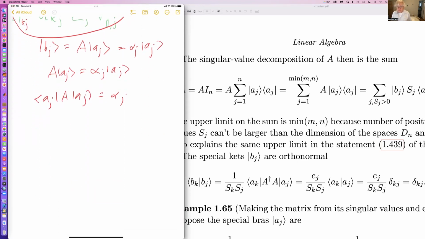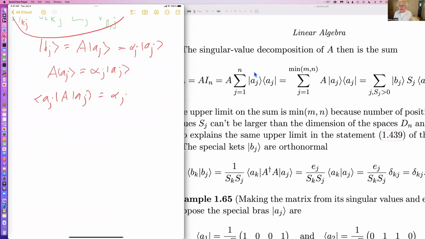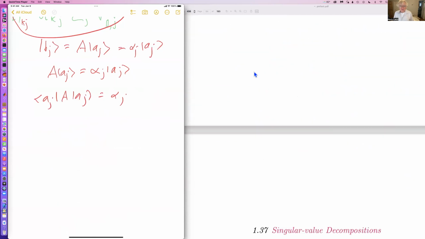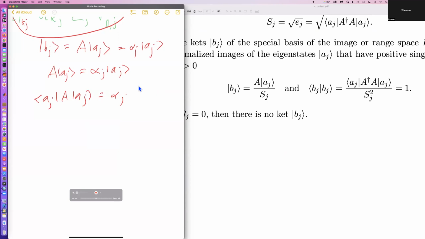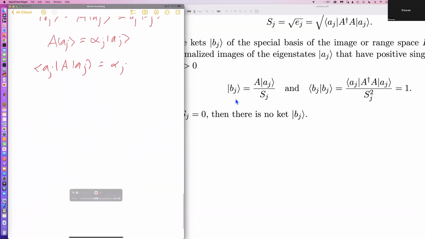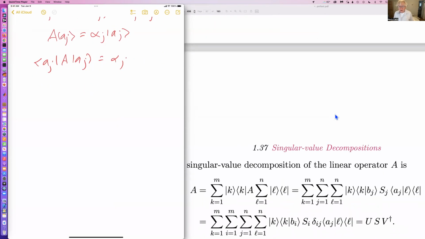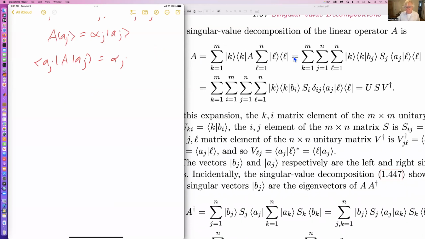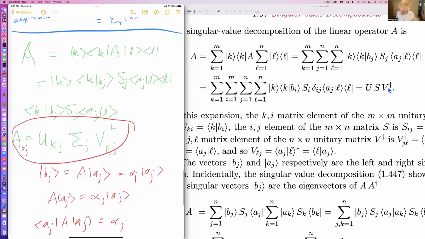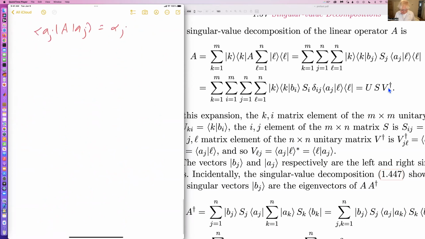What I wanted to mention to you once again is that if you write A in terms of any two bases, then you get it in this form here, and then the K B_i's are the matrix elements of the unitary operator U, and the A_j's are the matrix elements of V dagger, and so that's what I was trying to illustrate here, which I was writing up before mentioning these things to you.